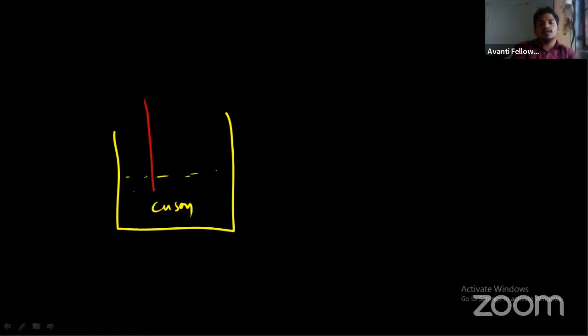You just see here. In this, you can see this is copper sulfate. What I am going to do here is keep an electrode, and this is copper. I'll erase this one and explain again.